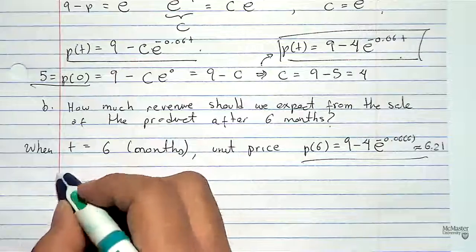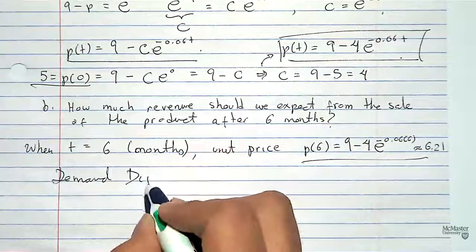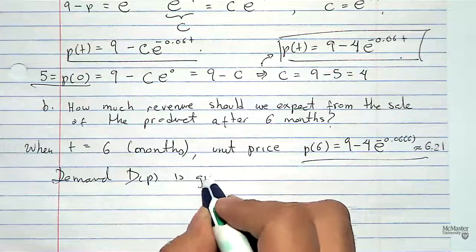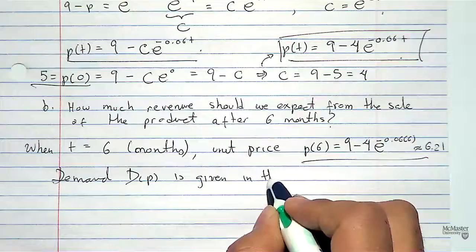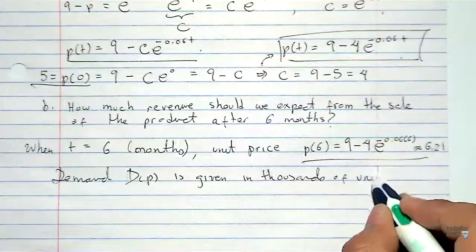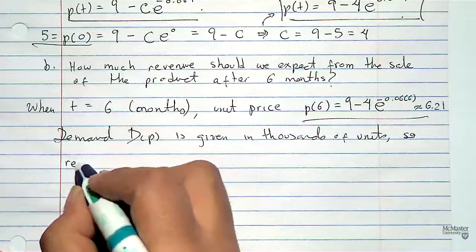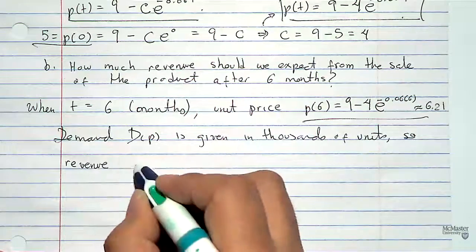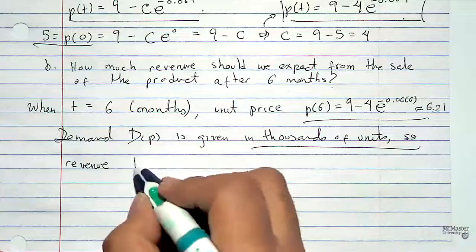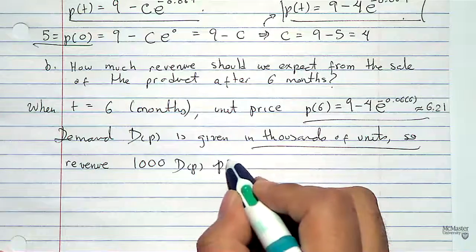Now, you also have to remember that the demand, D(P), is given in terms of thousands of units. So, if you consider what the revenue is, given the choice of the units, you have 1,000 times the function D(P) multiplied by the price.